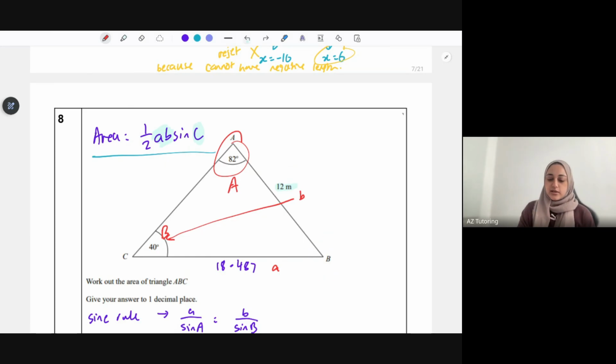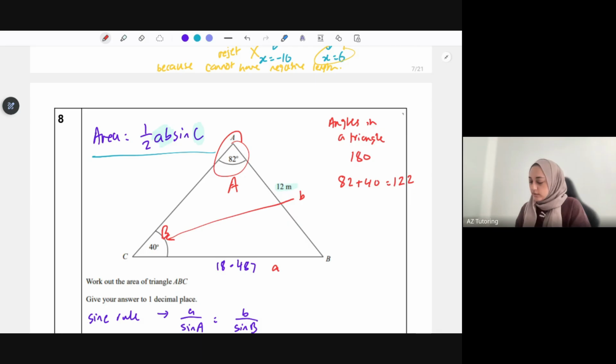But we know angles in a triangle add up to 180, right? So we're using yet again another rule. So angles in a triangle add up to 180. So all I need to do is 82 plus 40, which gives us 122. And then we're minusing that from 180.